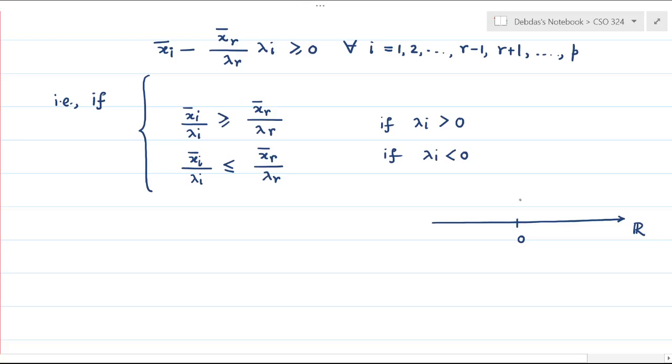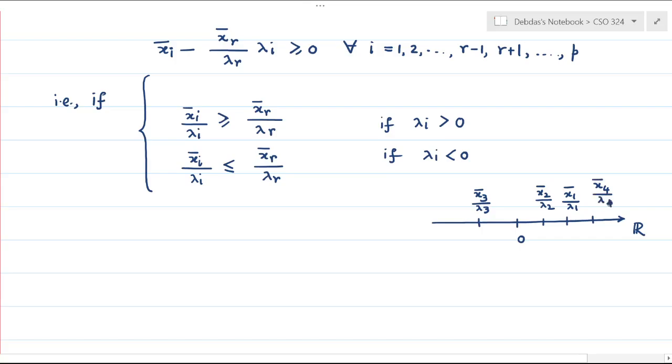So let's suppose lambda 1 is greater than 0, and here is the location of, let's suppose, x1 bar by lambda 1. Let's suppose lambda 2 is also greater than 0, and here is the location of x2 bar divided by lambda 2. Let's suppose lambda 3 is less than 0, then here will be the location of x3 bar divided by lambda 3. Let's suppose lambda 4 is greater than 0, and here is the location of x4 bar divided by lambda 4.